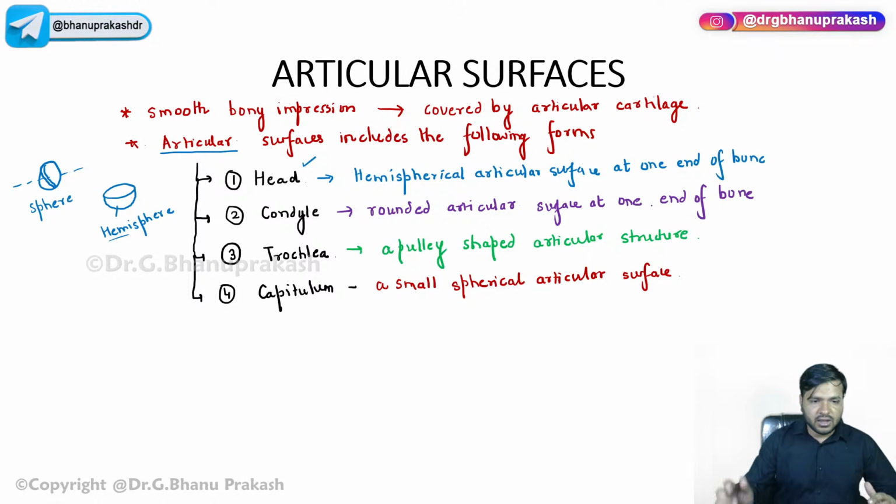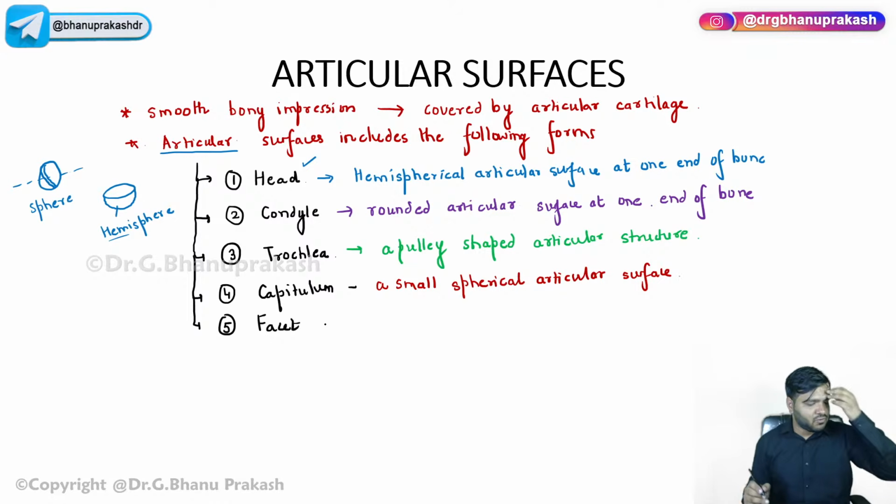Now the last one involved in the formation of a joint is called a facet. You have heard the word facet multiple times, guys.